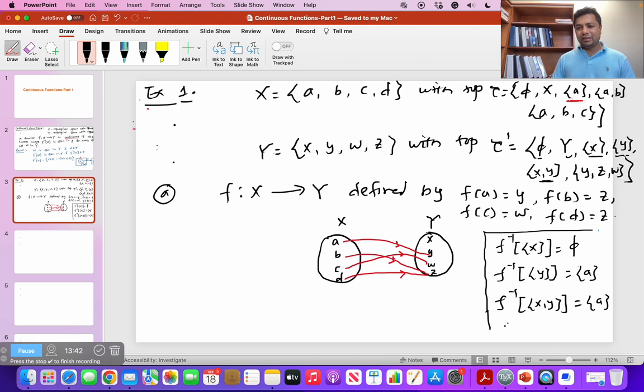And then finally let's take a look at the inverse image of the last open set, this one.